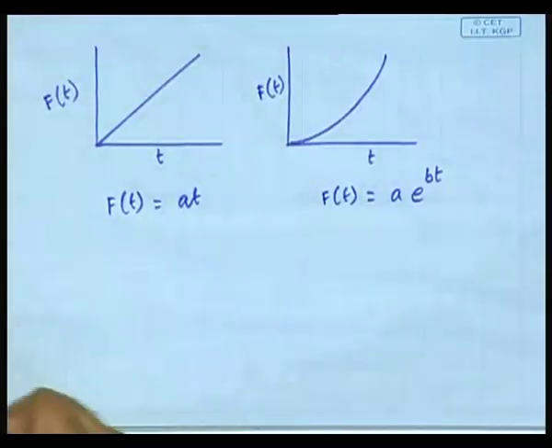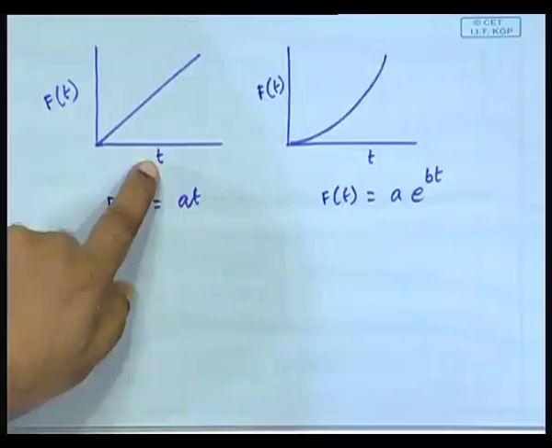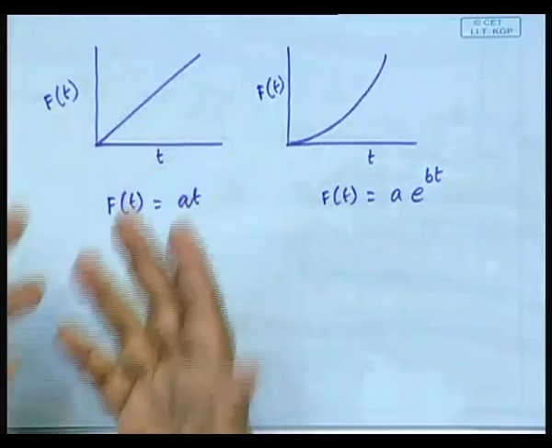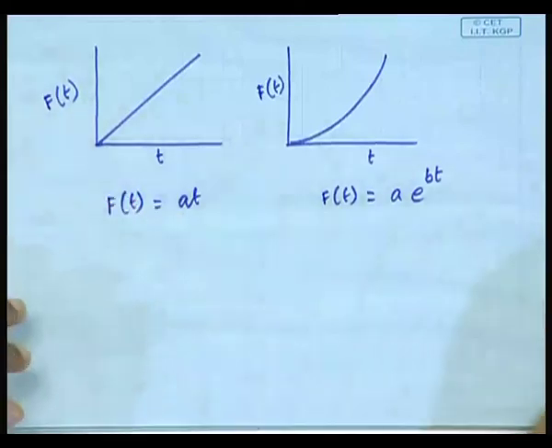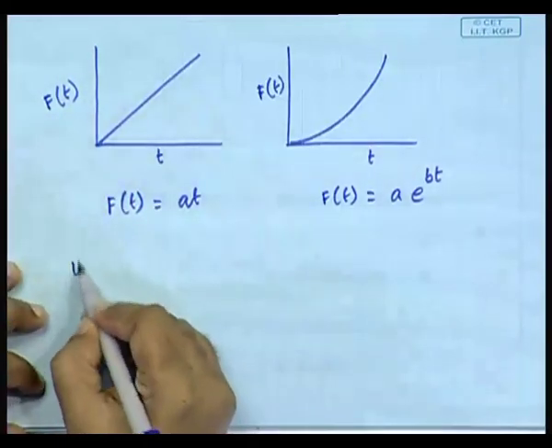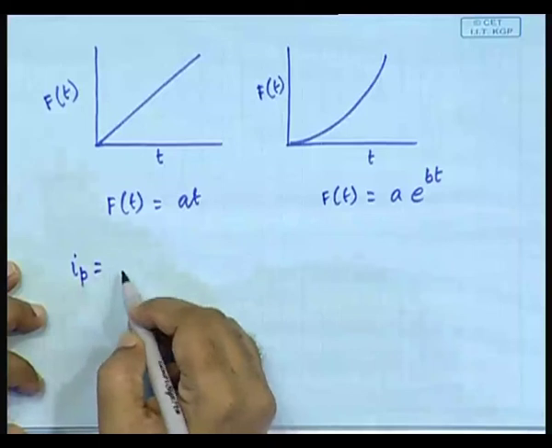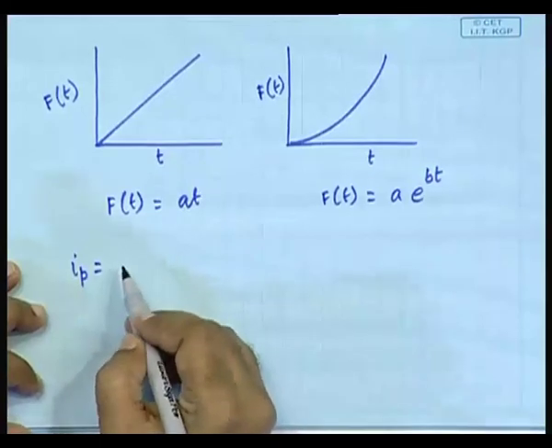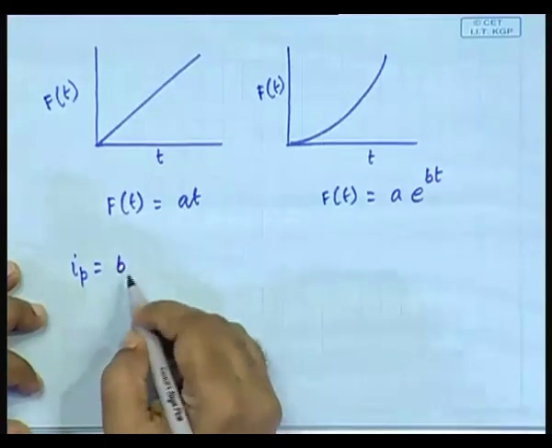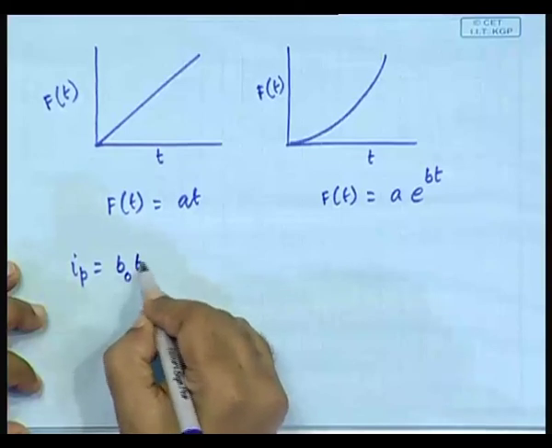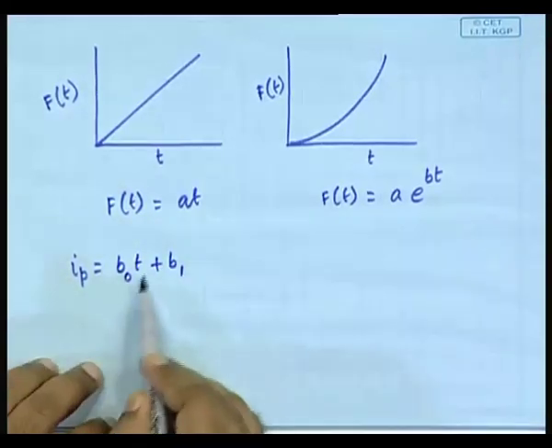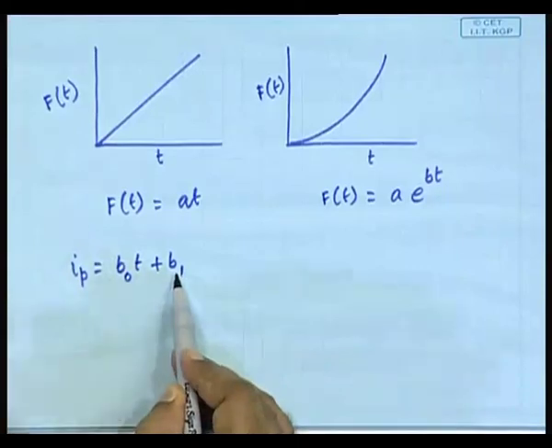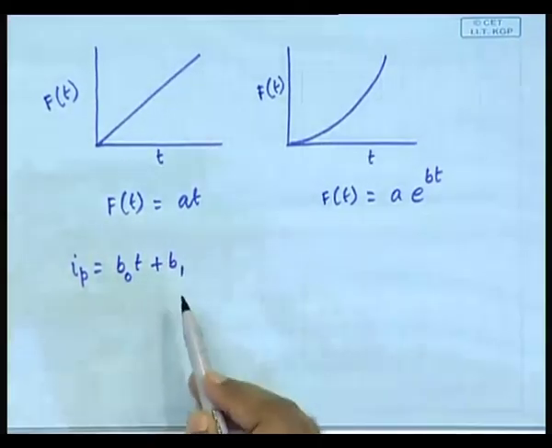In this case, what will be the steady state solution? See, if the equilibrium point moves away like this, the solution will also follow like that. So, it is not difficult to see that the solution will also be a linear function. Imagine a linear function, say I p, it would be something dependent on t and some fixed value, that will be a general linear function.